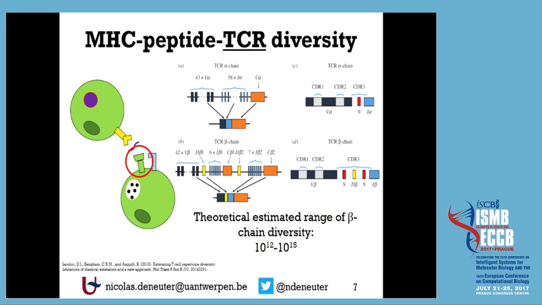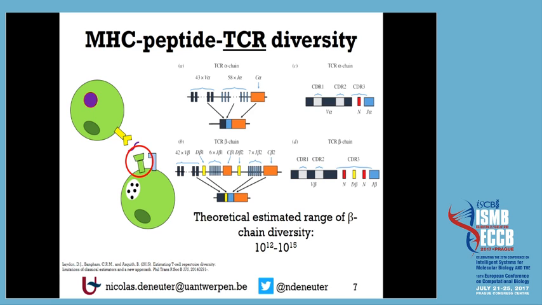For example, beta chain diversity is estimated to be able to generate about 10 to the 12 up to 10 to the 15 possible different chains. It's slightly lower for the alpha chain, but you can imagine that the combination of both results in a tremendous diversity as well.